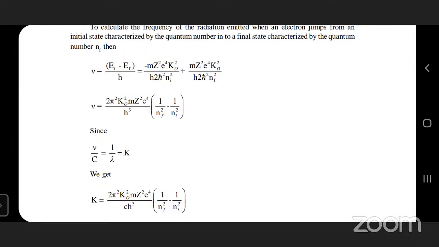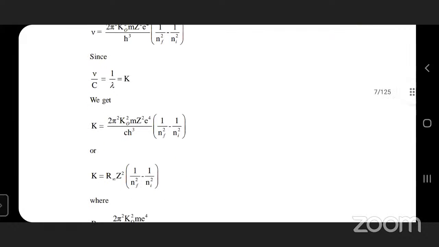You know pretty well the equation c equals ν λ. Why? Because ν by c equals 1 by λ. Again you have to substitute the values.